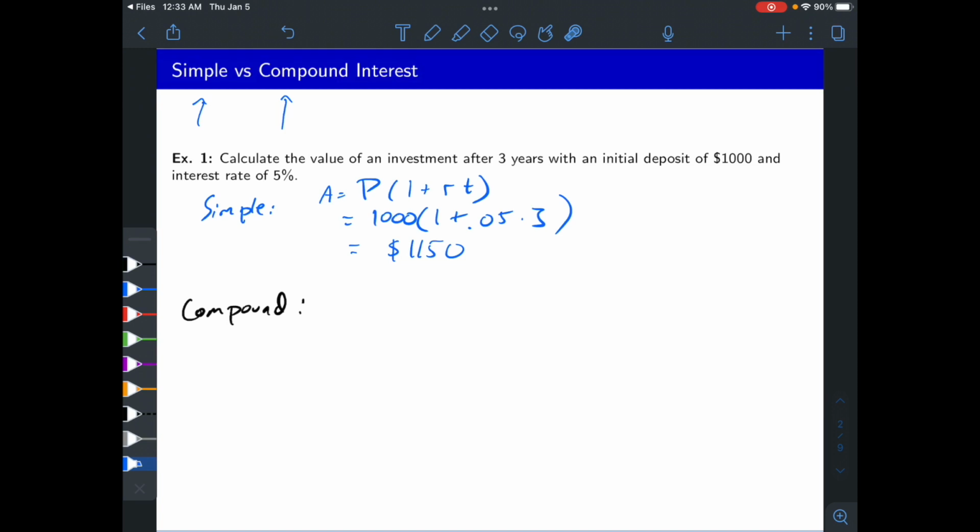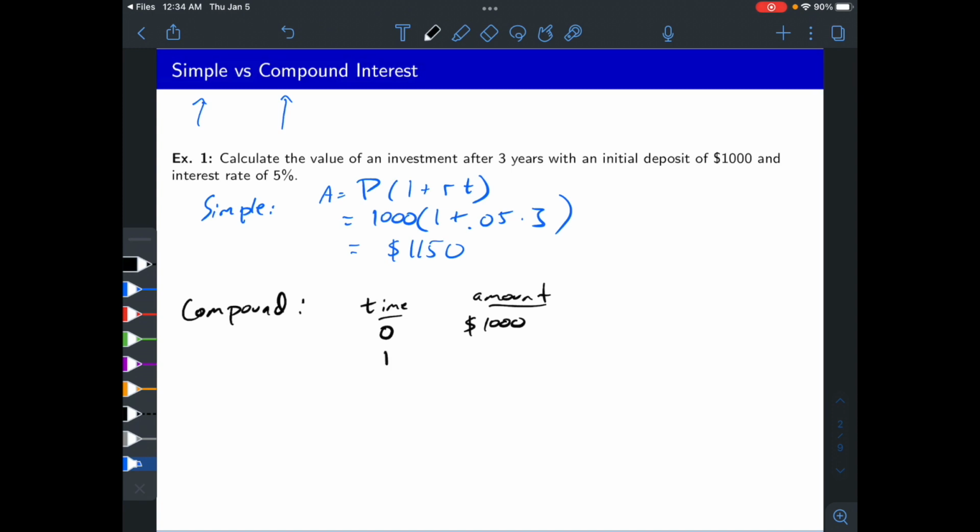So let's figure out what we have after 1 year. After 0 years, we start with our amount of $1,000. After 1 year, how much do we have?